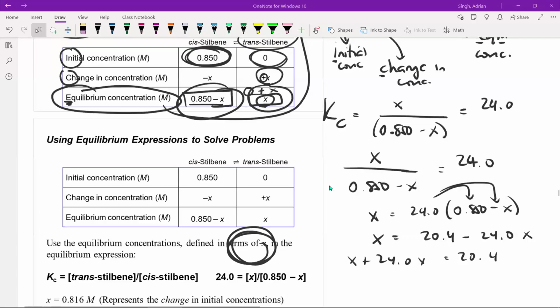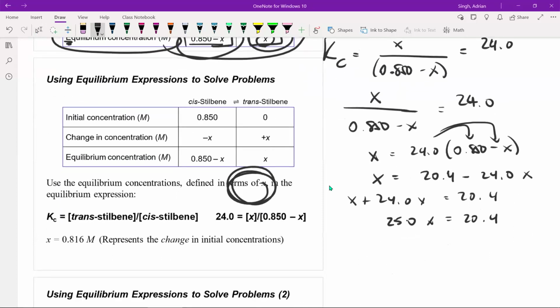So x plus 24x will give us 25.0x is equal to 20.4. And we just solve for x then. So x will be equal to 20.4 divided by 25.0, and that is going to be equal to 0.816 molar. So we found what x was.